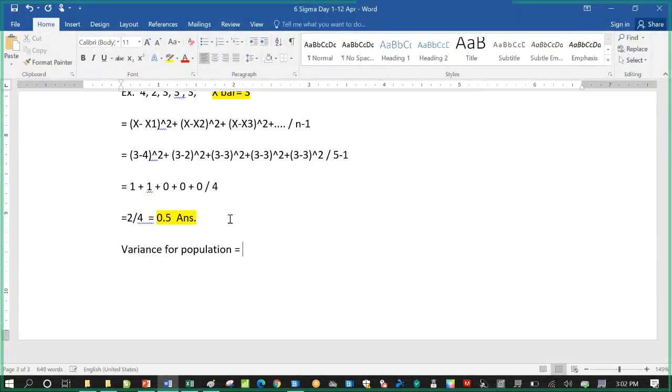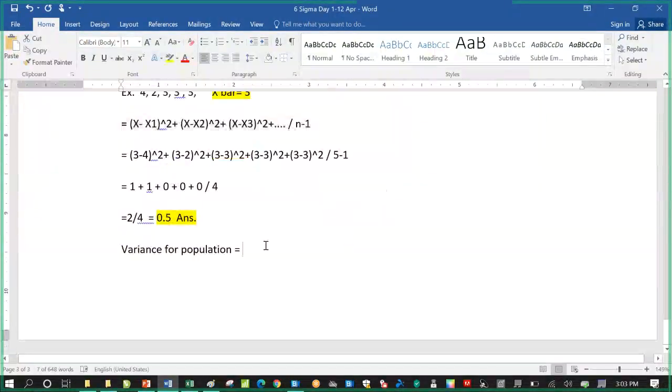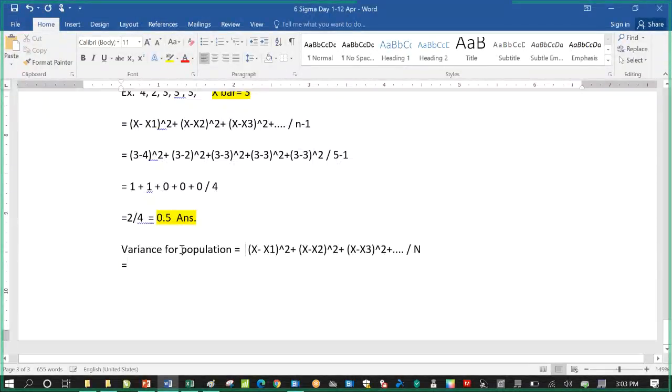When you write this formula, it will not be n minus 1, it will be capital N. So the top portion will remain the same, it is 2 by 5.